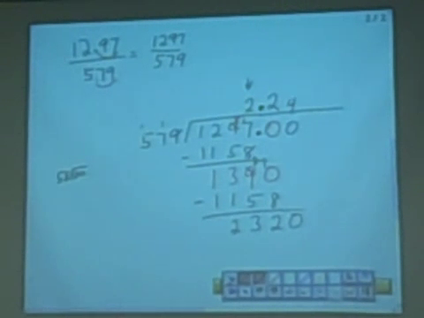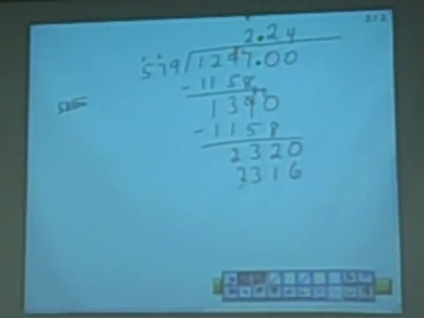Let's see if it does. 4 times 9 is going to be 36. So that'll be 3. That means 4 times 7 is 28, plus 3 is 31. And so now we have 4 times 5 is 20, and 3 is 23. And so bring down the 4, and that'll be 0.